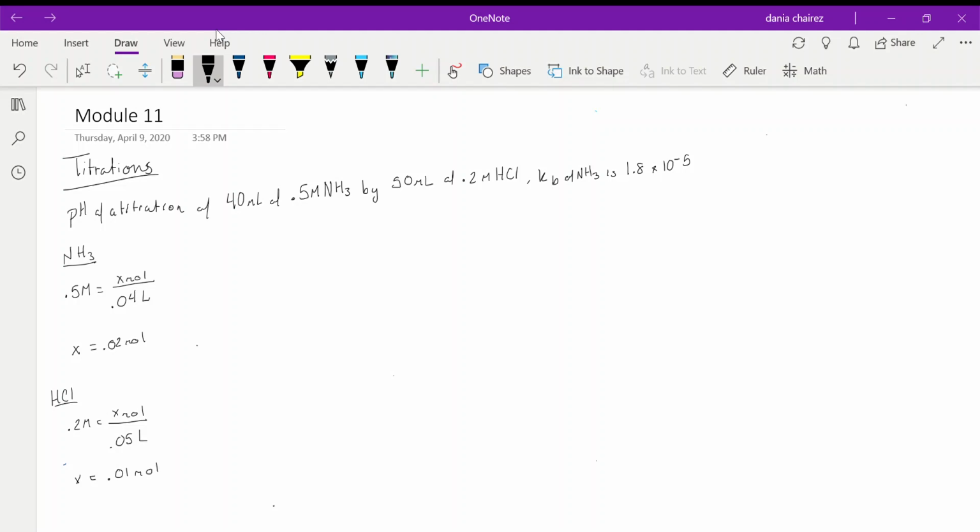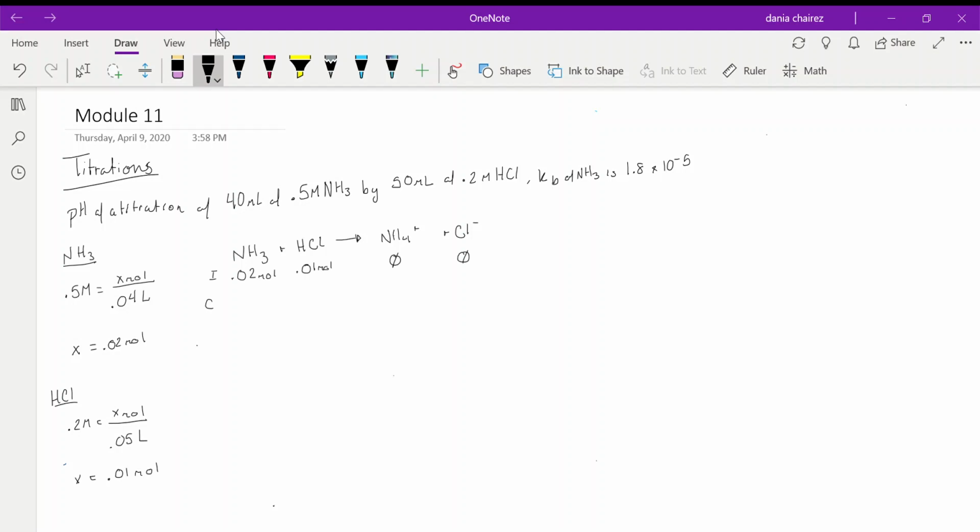So now we write out our expression. So NH3 plus HCl yields NH4 plus Cl minus. So we're going to do ICE tables again. So initially we have 0.02 moles of ammonia, 0.01 moles of hydrochloric acid, and 0 moles of both ammonium and chloride.